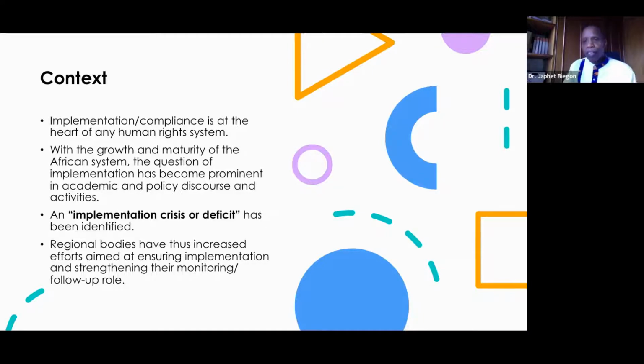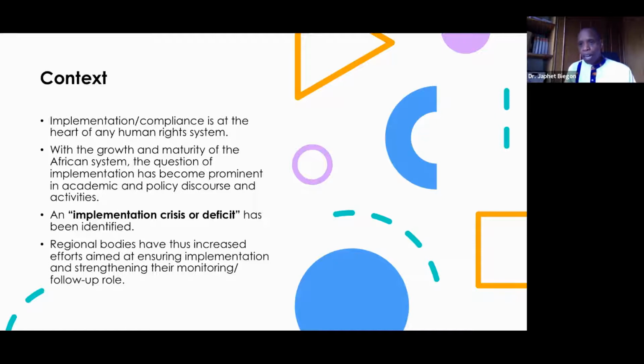We have seen that in the system over the years, as it has grown and matured, the question of implementation has become even more prominent, not just in academic circles, but also in policy discourse and activities. In this light, we have seen these institutions over the last decade or so paying more and more attention to implementation, and establishing mechanisms and tools to ensure that their decisions are implemented in practice.